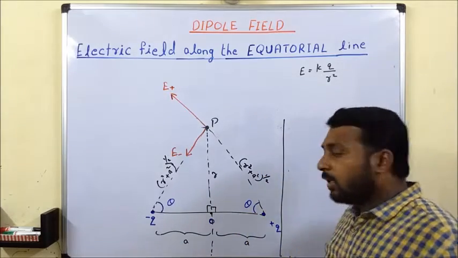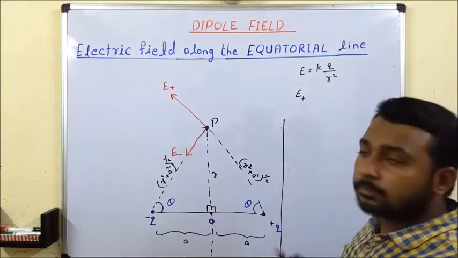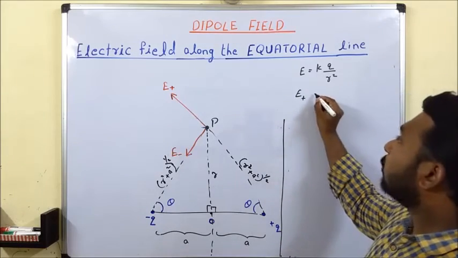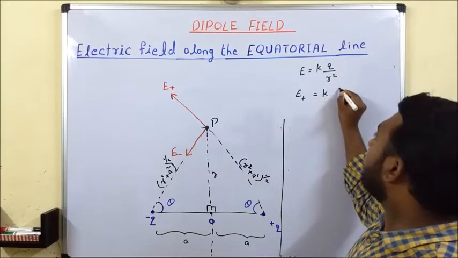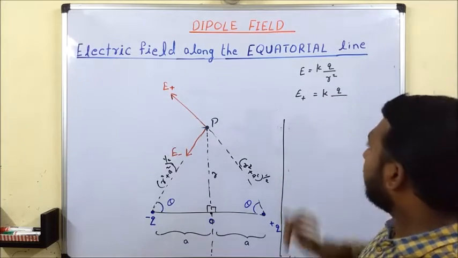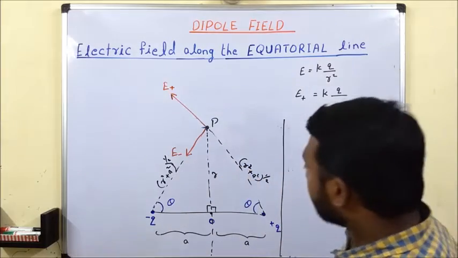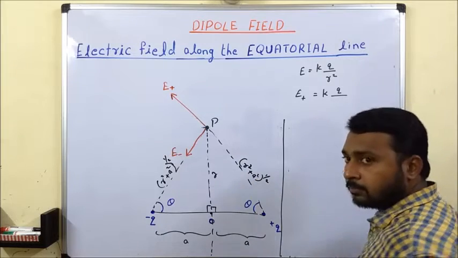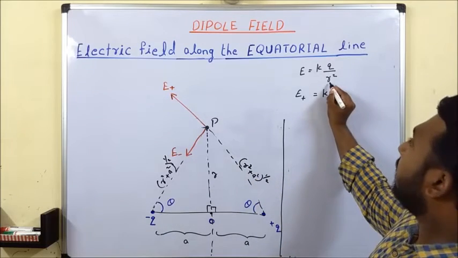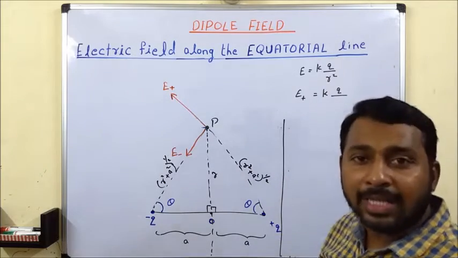Now what will be this E plus for this plus Q? E plus will be equal to KQ divided by the distance squared. What is the distance? It is under root R square plus A square. Here you have to write the square of the distance, so obviously the under root will get cancelled.